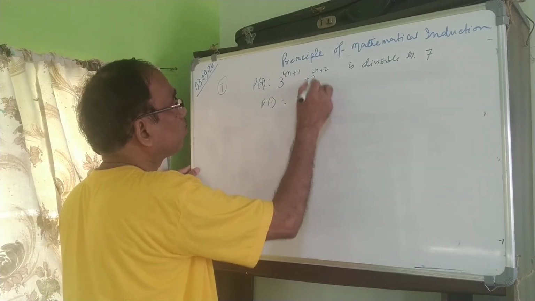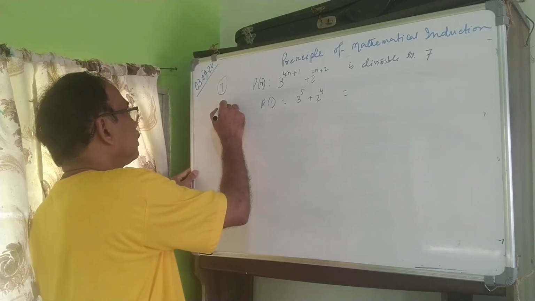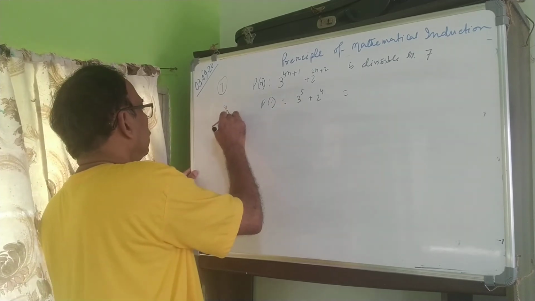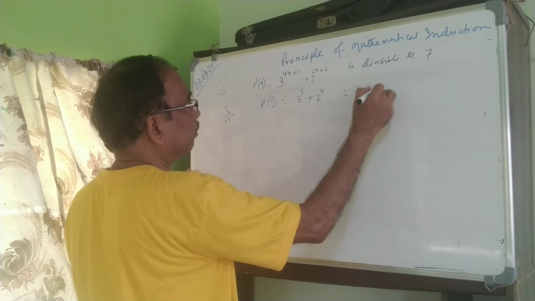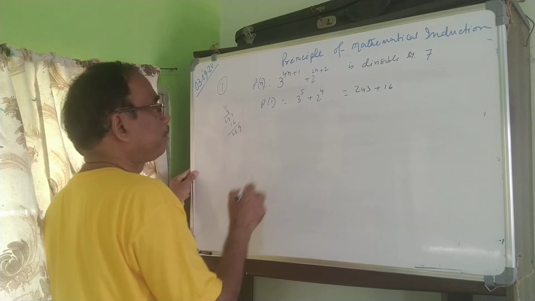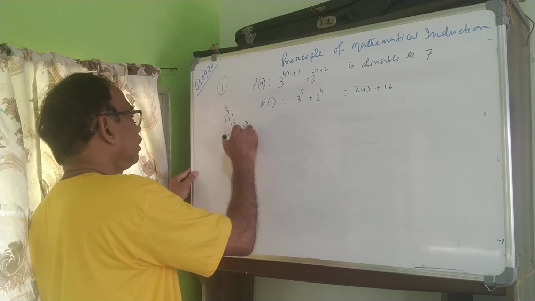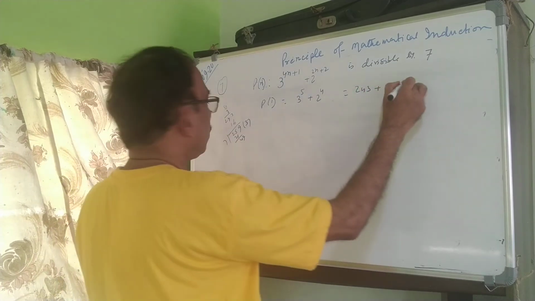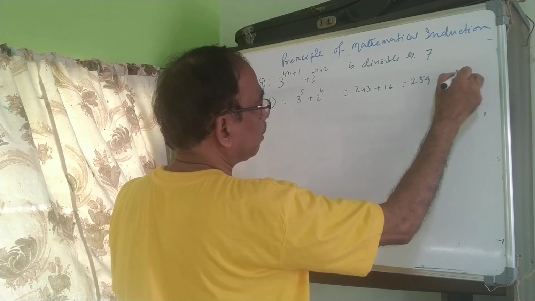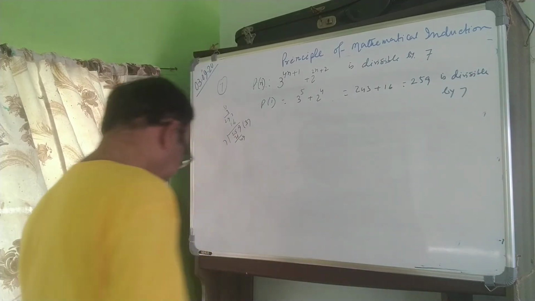P1 equals 3 to the power 5 plus 2 to the power 4. 3 to the power 5 is how much? 81 into 3, 243, plus 16, 259 divided by 7, which is divisible because 259 is divisible by 7.